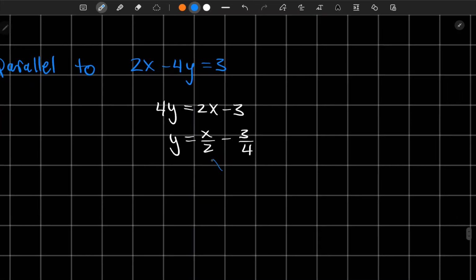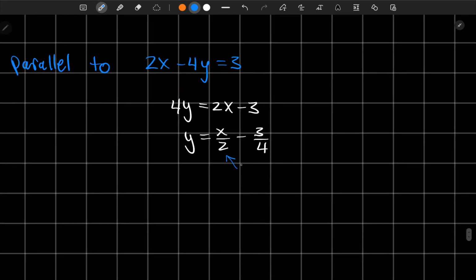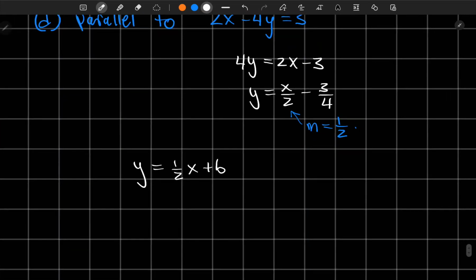So here, we wish to find the equation of a line which is parallel to another line which has a slope m equals 1/2. So we wish to find the solution to the equation y is equal to 1/2 x plus b. And plugging in for the x and y value that were already given, we put a 2 here, and y is -5.